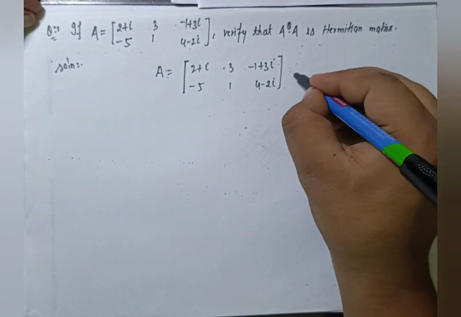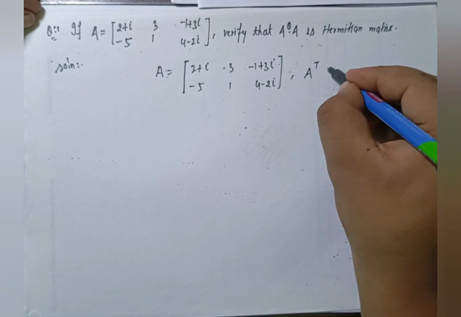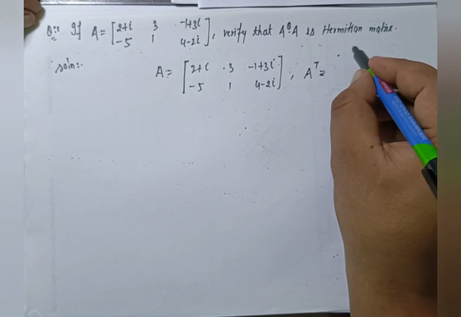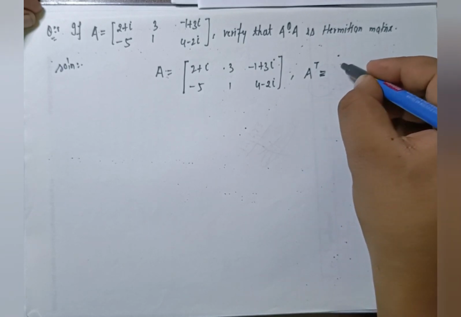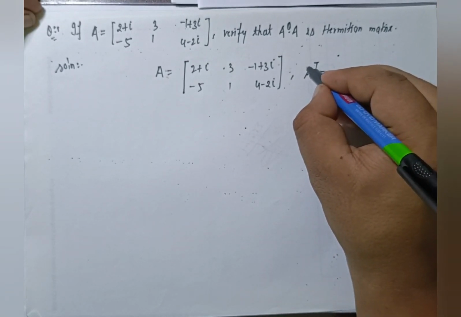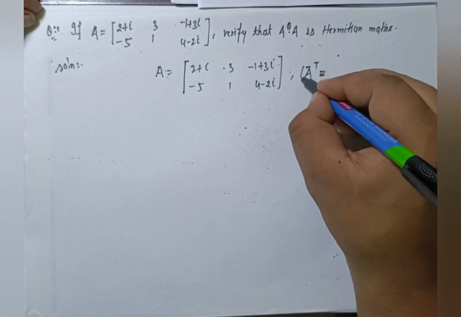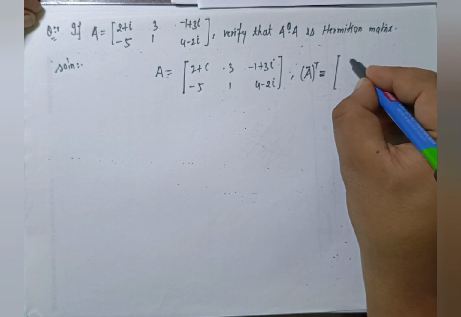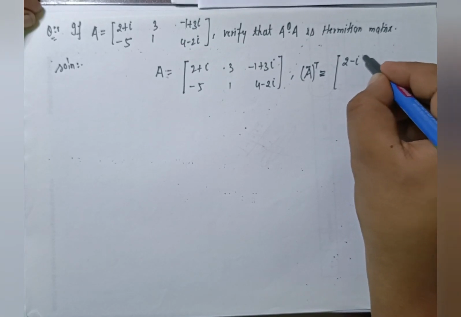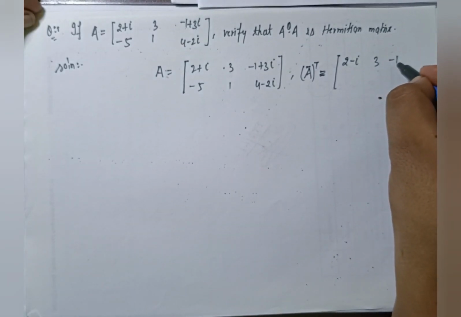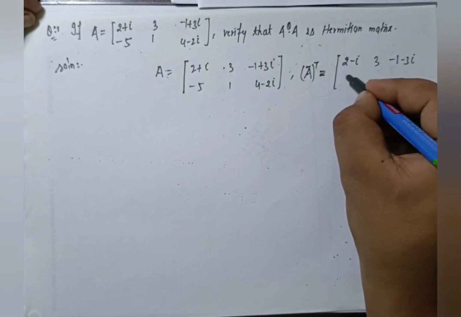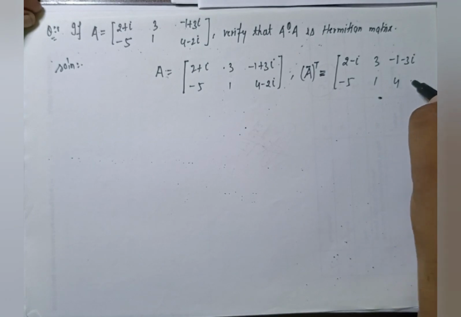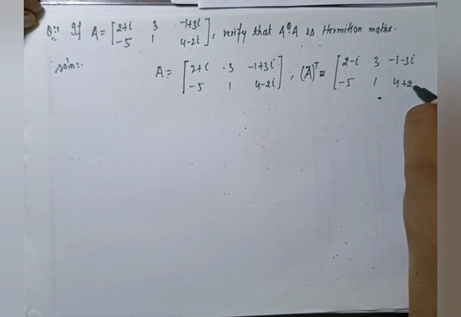Then we can write its conjugate transpose, as we need to prove it Hermitian. So we need to write its conjugate and then transpose. First we write its conjugate. The conjugate is 2 minus iota, 3, minus 1 minus 3 iota, and minus 5, 1, 4 plus 2 iota.